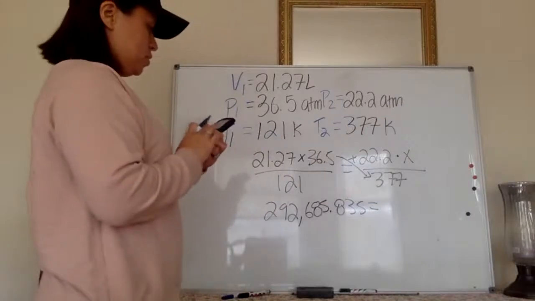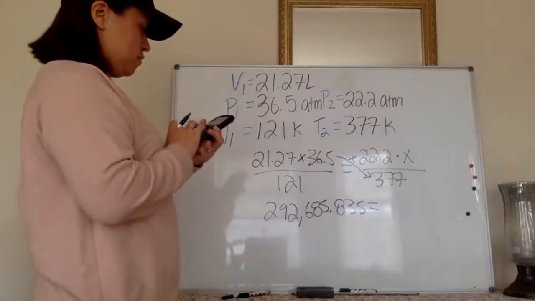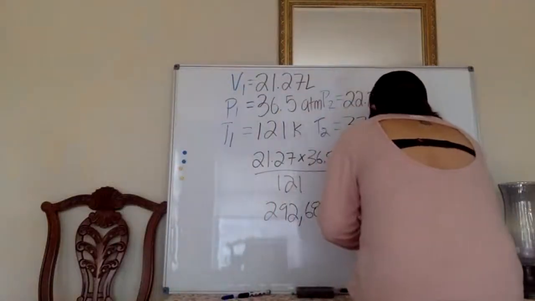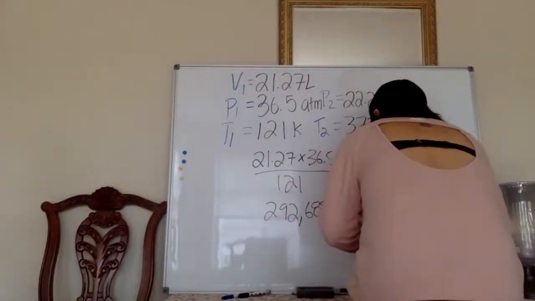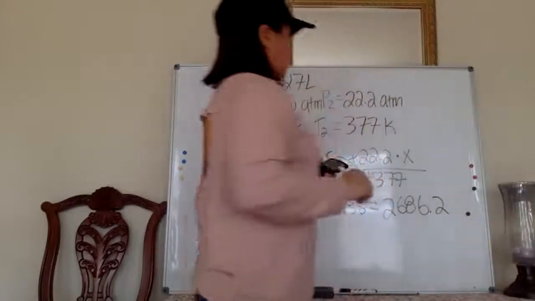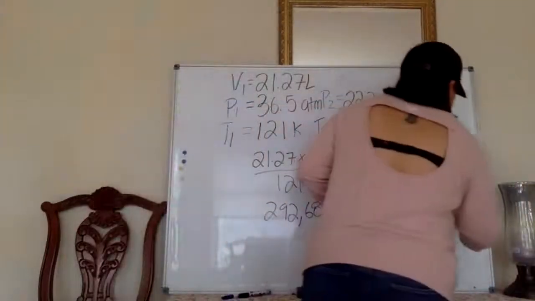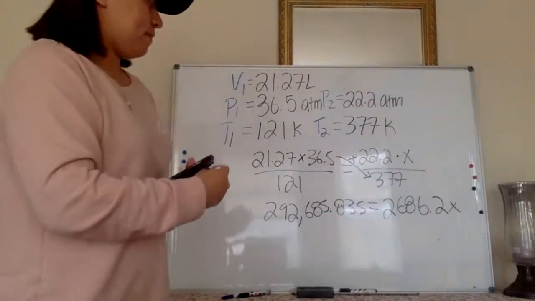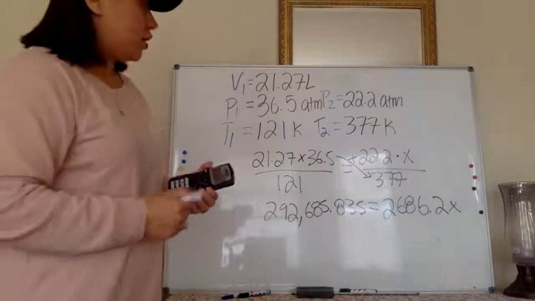22.2 times 121, and that's going to equal 2,686.2 x. Okay, and now you're going to solve for x.